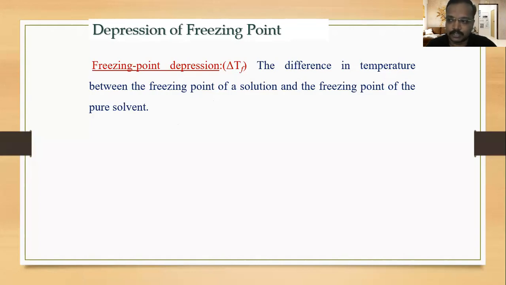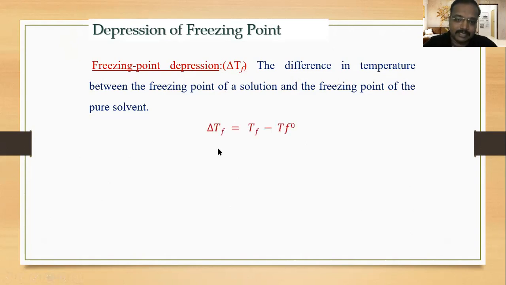Once the solution is formed, it takes more time to freeze, or it goes to more negative temperatures. That is the depression in the freezing point, marked as delta TF.